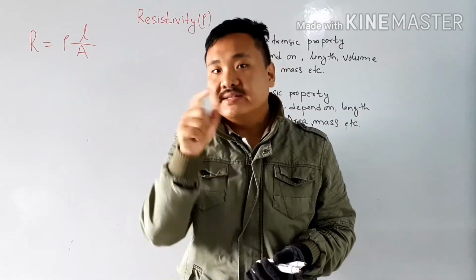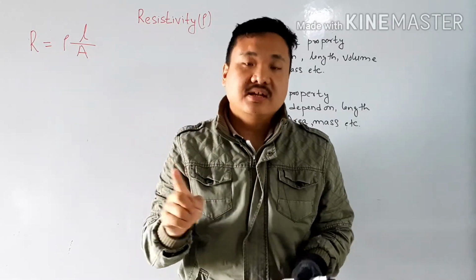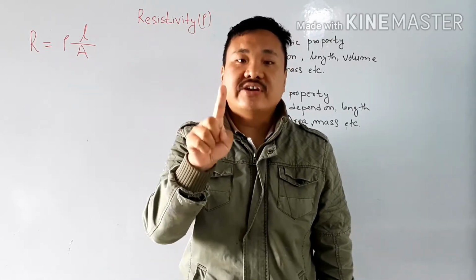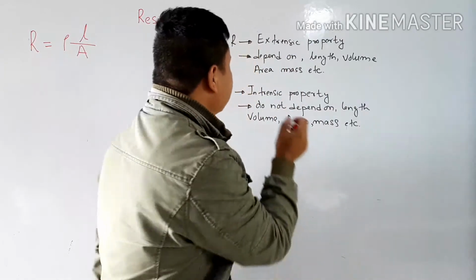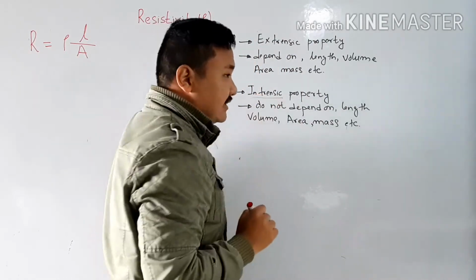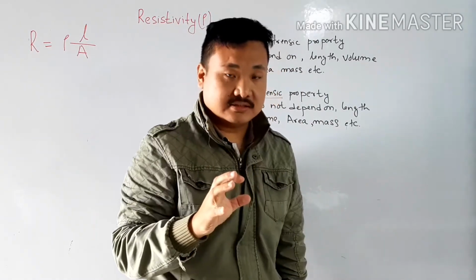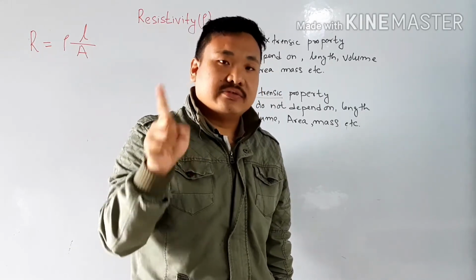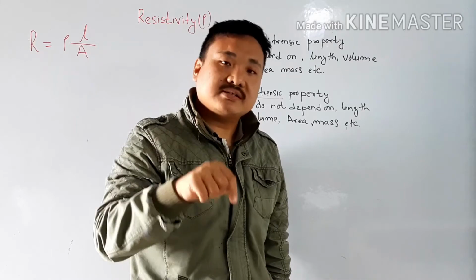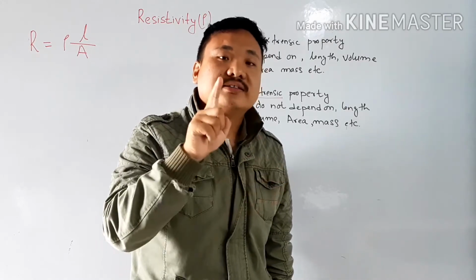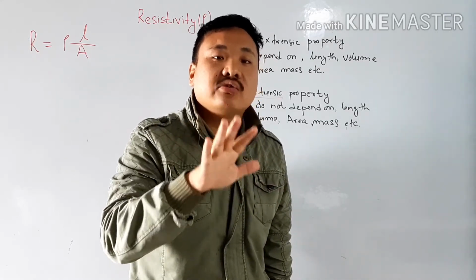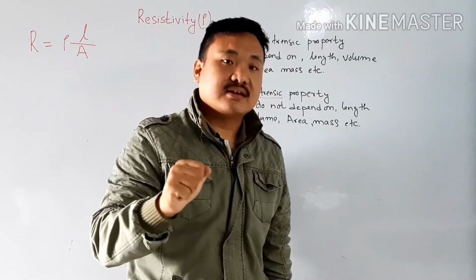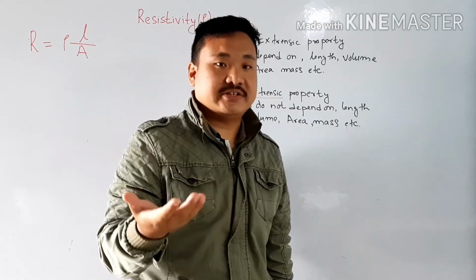Whereas the resistivity of any material is an intrinsic property, unlike the resistance. If you change the length, the area, the volume, or the mass of that material, the resistivity will not change, because it is an intrinsic property of the material.